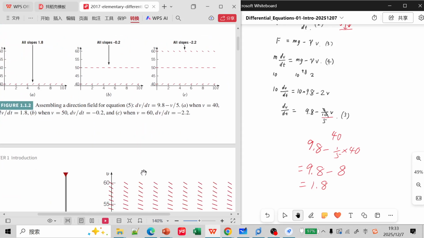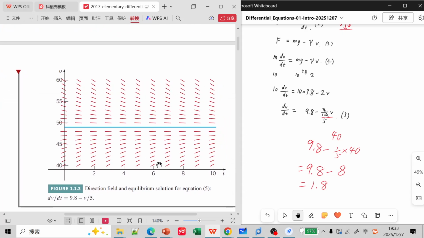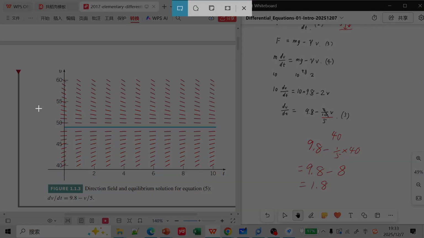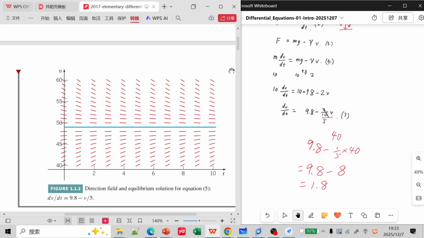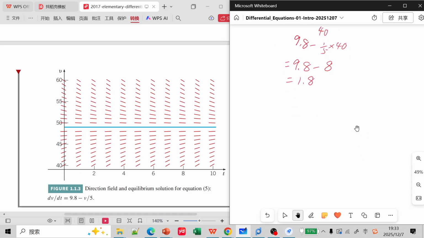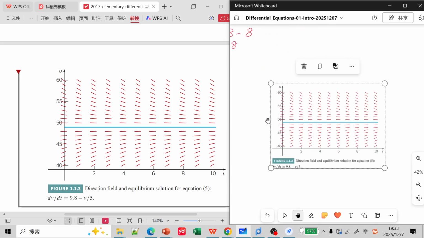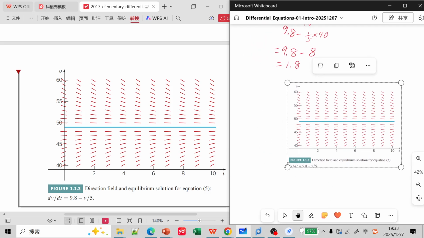Maybe I can put this figure here. Yes, I think I can put this figure here.